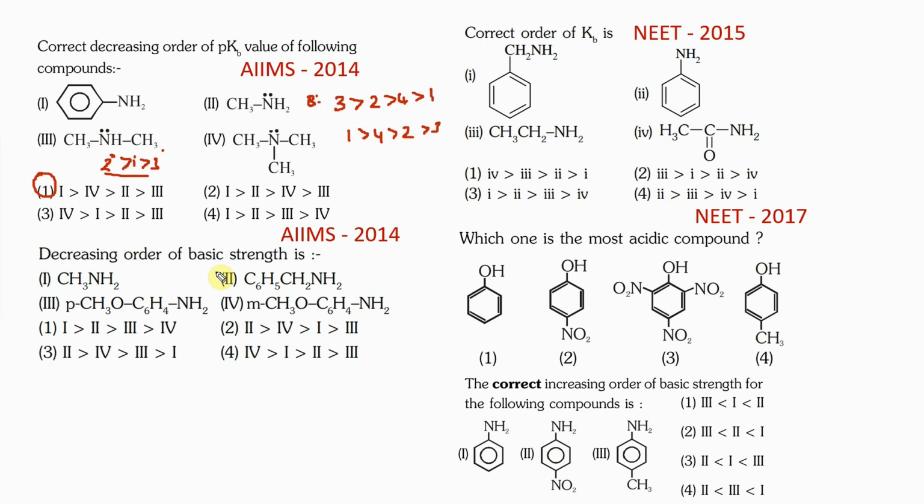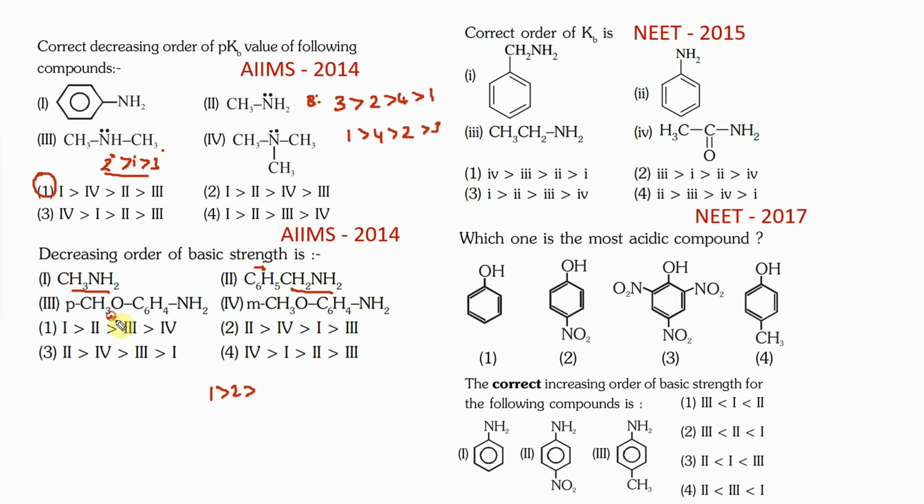That's all. Decreasing order of basic strength. Again the same thing. I'm looking for straight up aliphatic amines first. This is aliphatic, this is aliphatic. There is a ring, and the ring is minus I. So I know in basic strength 1 is greater than 2. These two are aniline. Okay, methoxyaniline.